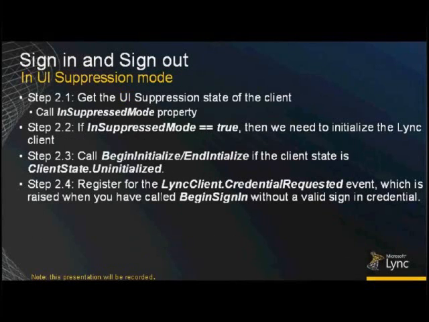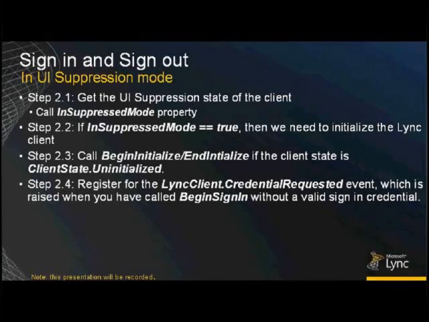Okay, so there's another option for Lync to be running in the UI suppression mode, which means the Lync process is running, but there's no Lync desktop UI showing up. So how can we do that? In addition to the previous slide, we will do some extra steps in the UI suppression mode, which I show in this slide.